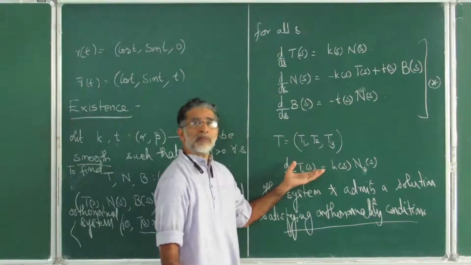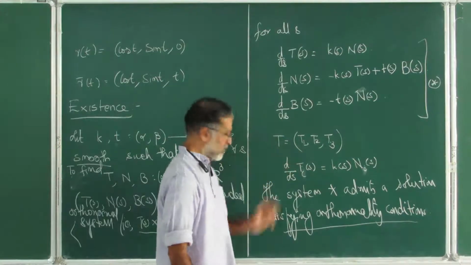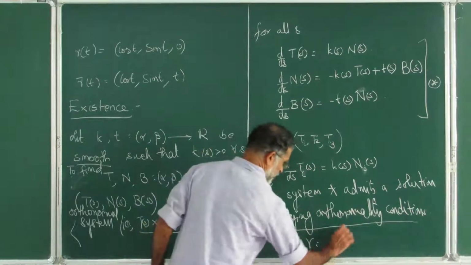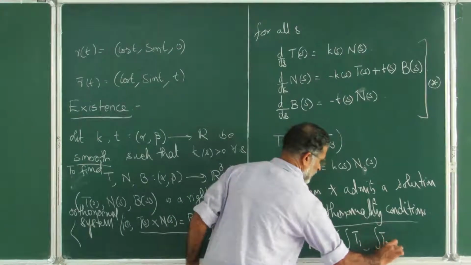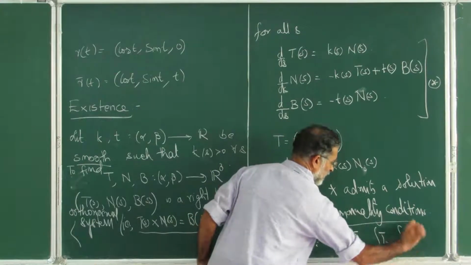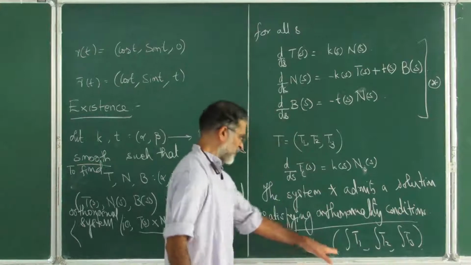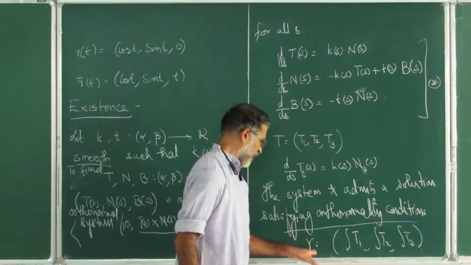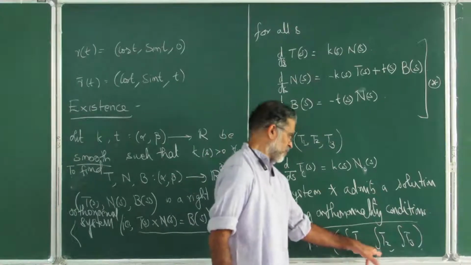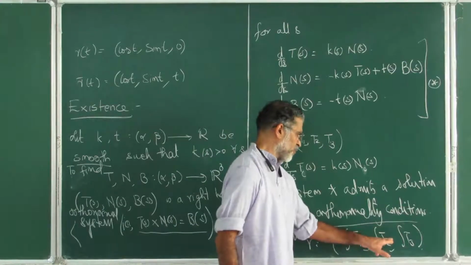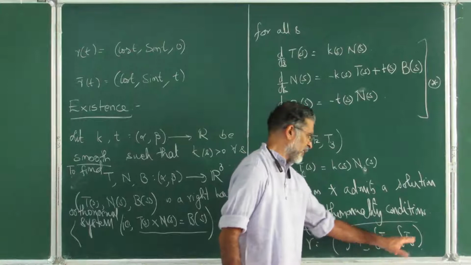And then, once you have your tangent, your gamma is going to be integral T1, integral T2, integral T3. So you can fix some point S0, and gamma S is equal to the integral from S0 to S of T1 U du, the integral from S0 to S of T2 U du, the integral from S0 to S of T3 U du.